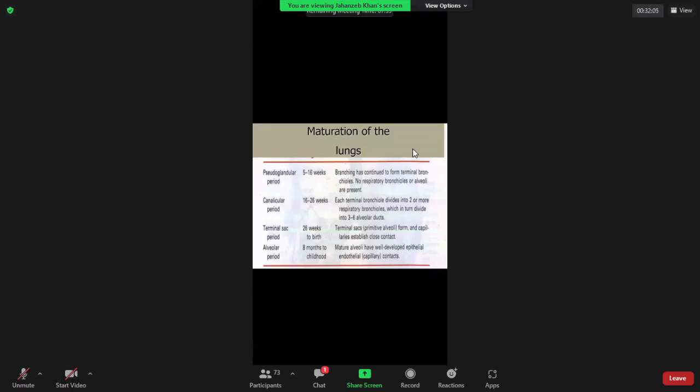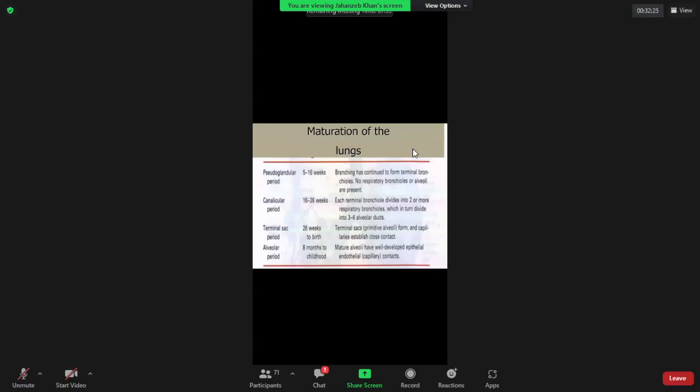The terminal sac period is up till birth, the canalicular period is like 16 to 26 weeks, and the pseudoglandular period is from 5 to 16 weeks, somewhat like that.